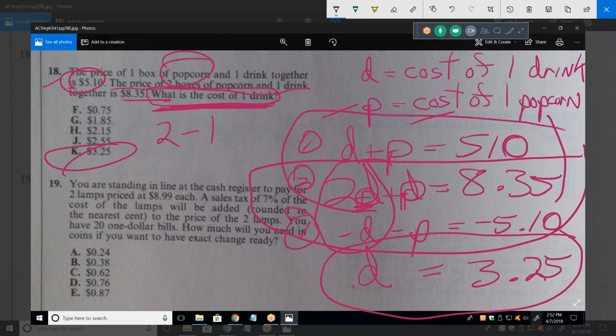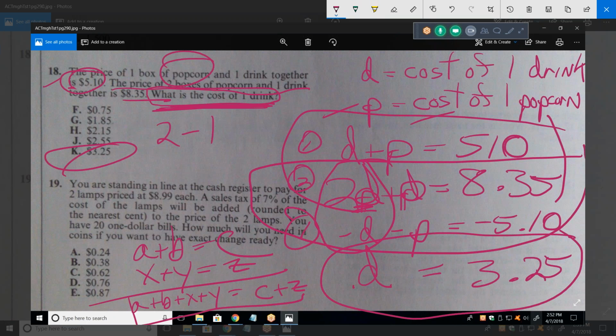And those are the only 2 things you're allowed to do, add or subtract. You can add any 2 equations. In other words, if I say that a plus b equals c, and also x plus y equals z, I can add those 2 equations all day long: a plus b plus x plus y equals c plus z.